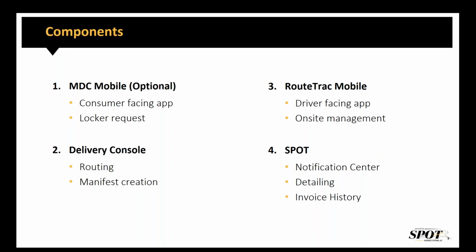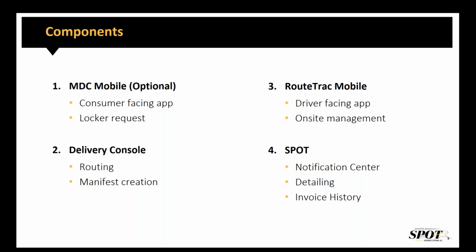And then last but not least, number 4 is Spot. Obviously, this one's the easiest because most of you will already have this, but Spot is involved in the process and the avenue of the notification center side of things and invoice history. So basically, even though the requests from customers that place their locker drop-offs will be handled through API, the mobile app or Customer Connect, Spot will be able to see these requests and display them in a notification center entry so that you can review and be prepared for the day to see what requests we're going to be fielding today.